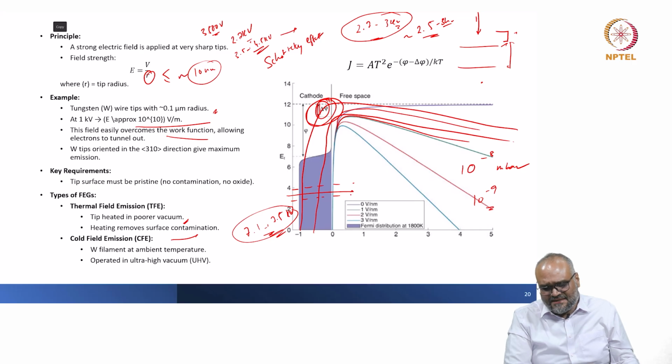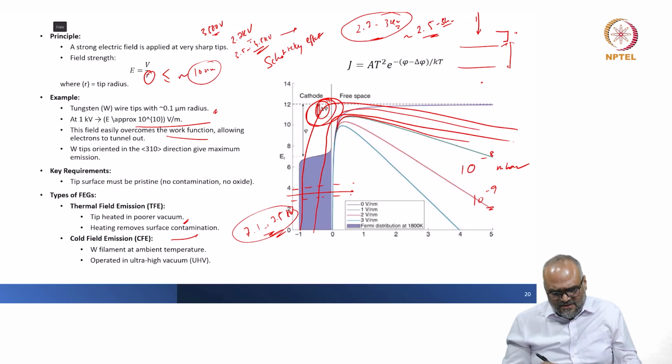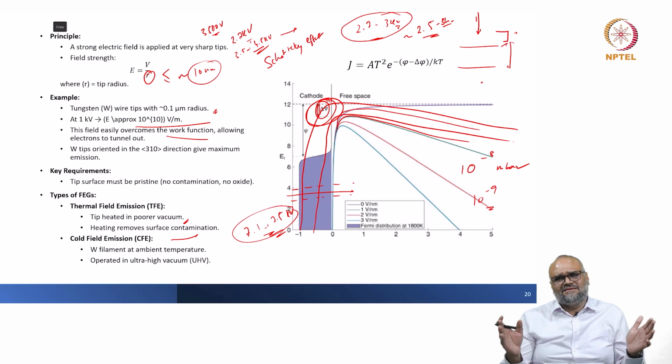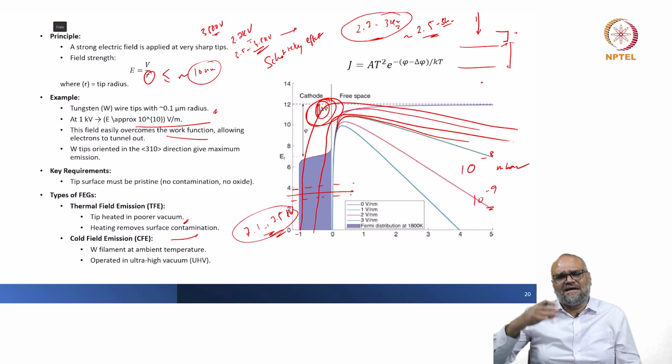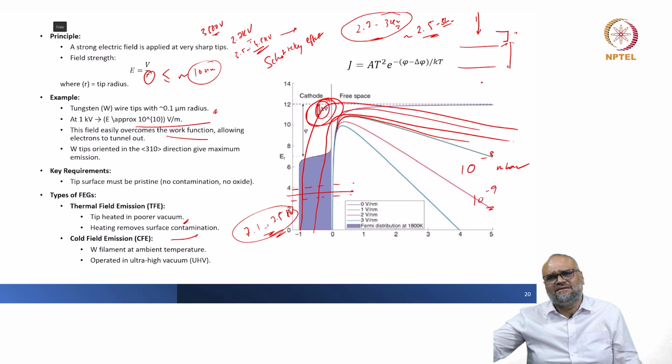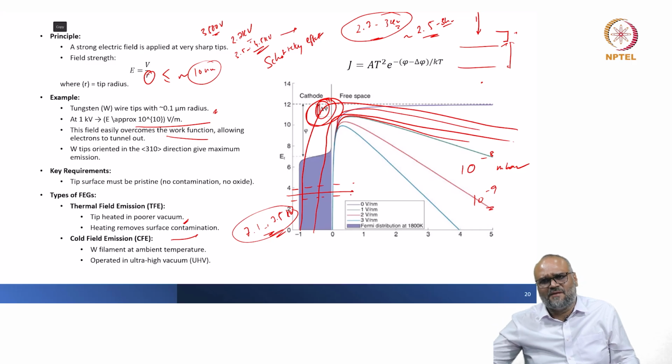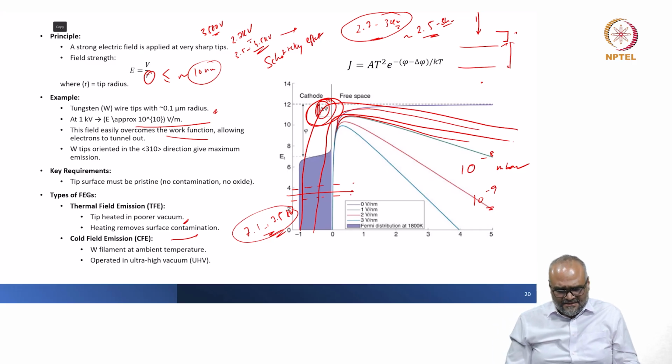If I extract electrons in a cold field emitter over about 3 hours, I might have a very good beam current, but then this gradually drops down, and I might end up with an oxide layer formed, and we do something called flashing of the filament.